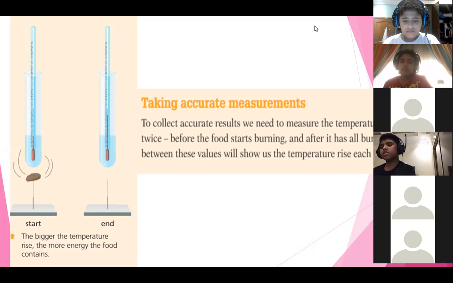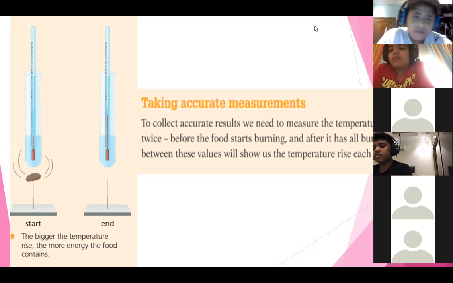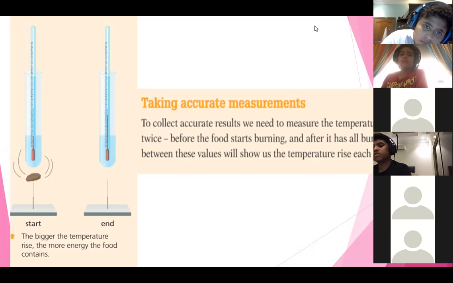So the independent variable is the changed variable, and the dependent is the same. Exactly. Independent is the one which you can change. In this experiment, what is the independent variable? We are putting some material and then we burn it, and then we note the temperature.